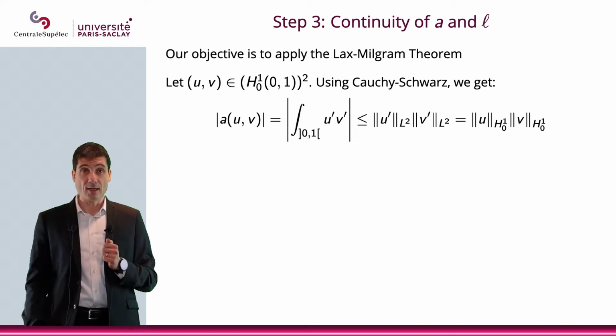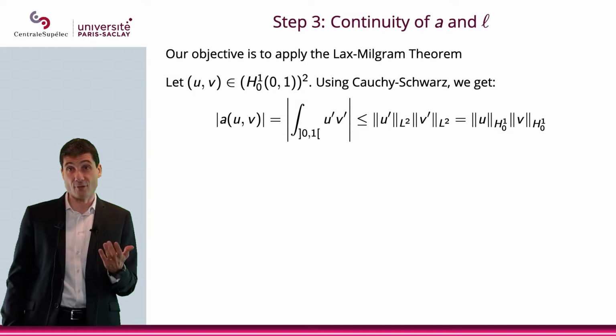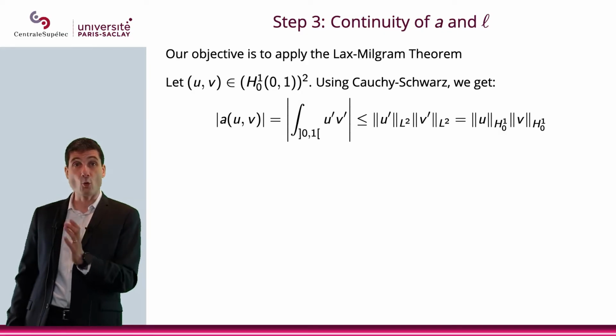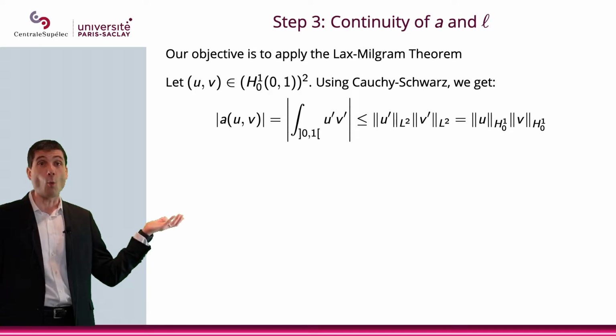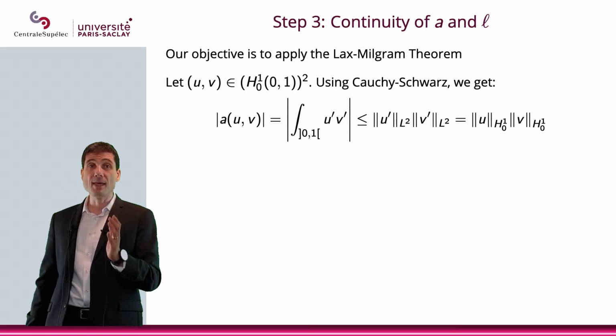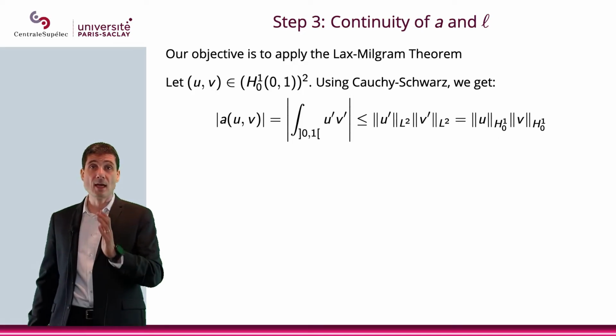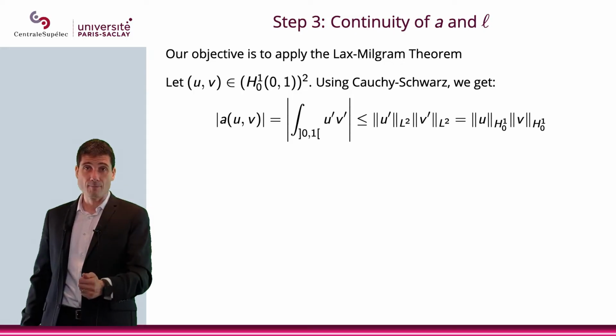Okay? So if I have this, then obviously I do have continuity in H10, right? Because it is smaller or equal than 1 times this product of norms. So A will be continuous in H10, in my Hilbert space H.